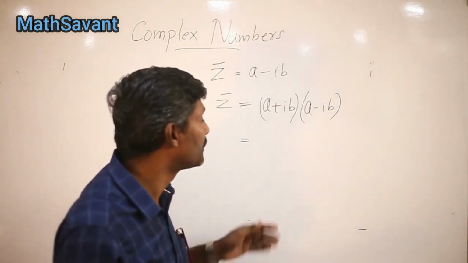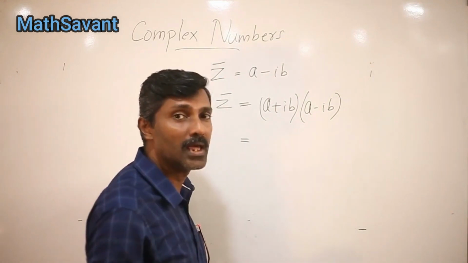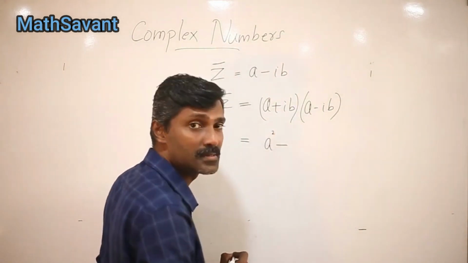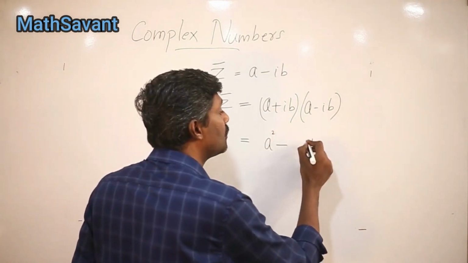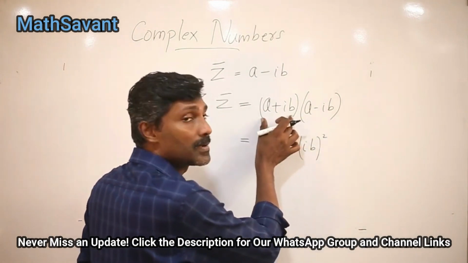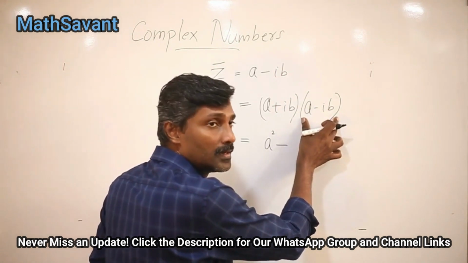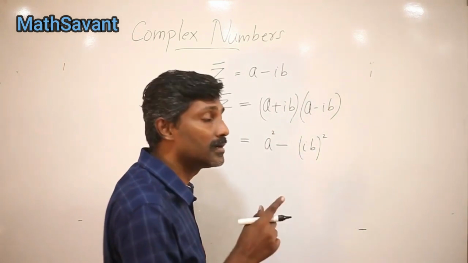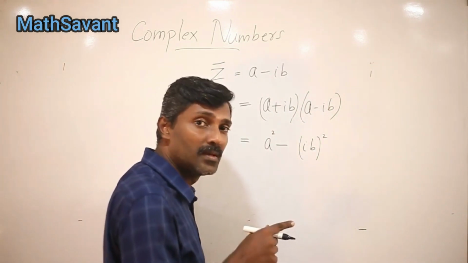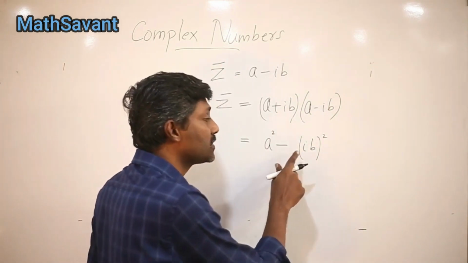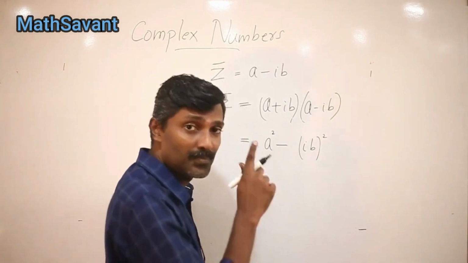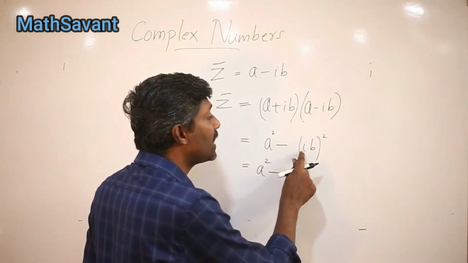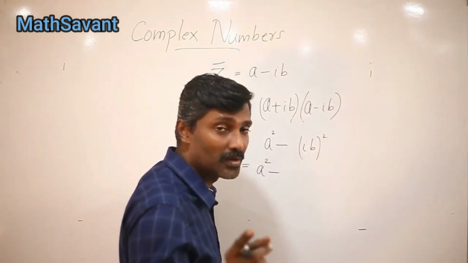So similarly, we can write a plus ib into a minus ib is a square minus ib the whole square, right? So here instead of b we have ib. So a square minus ib the whole square using the identity. Now we all know that the value of i square is minus 1, right?